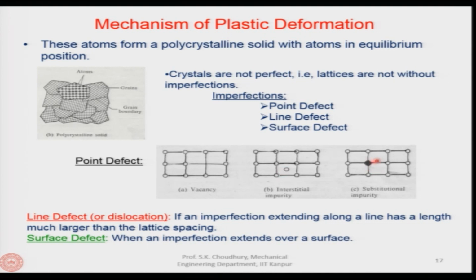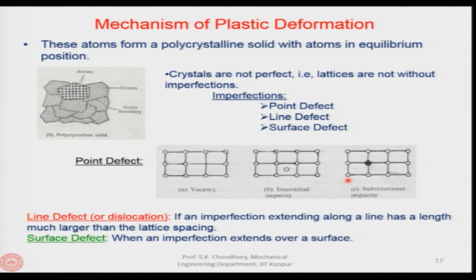For example, in case of substitutional impurity, this atom which is substituting one atom in the original lattice structure will be pushed, meaning that when this stress is applied, whatever defect there is will be moving instead of the bodily movement of the whole lattice structure or the material.